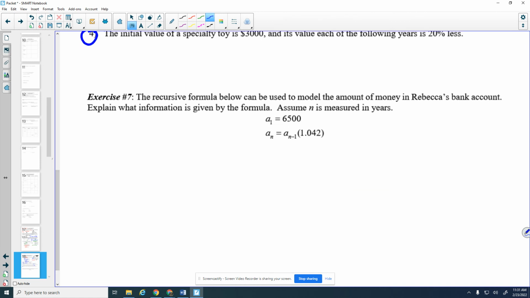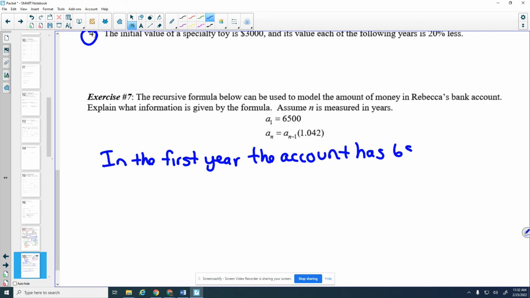Okay, so this one is similar, but now we're going to say what it says. We do have information. It says this is a recursive formula. It can be used to model the amount of money in Rebecca's bank account. It says explain what information is given by the formula. Assume n is measured in years. So if this is her account in the first year, the account has $6,500.